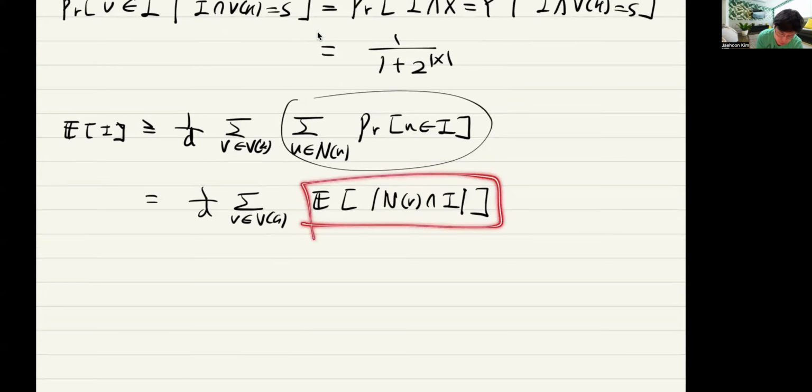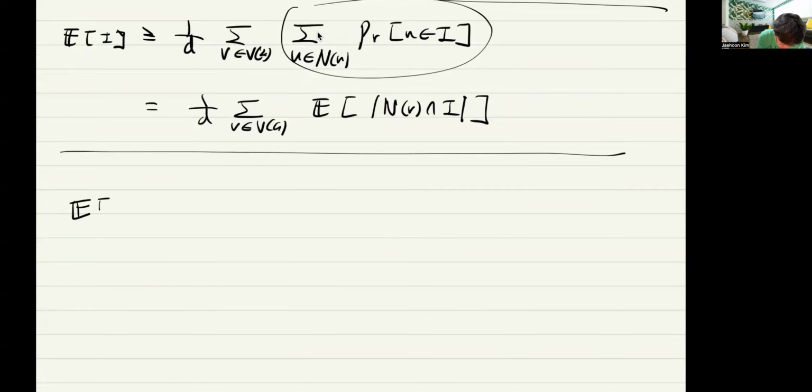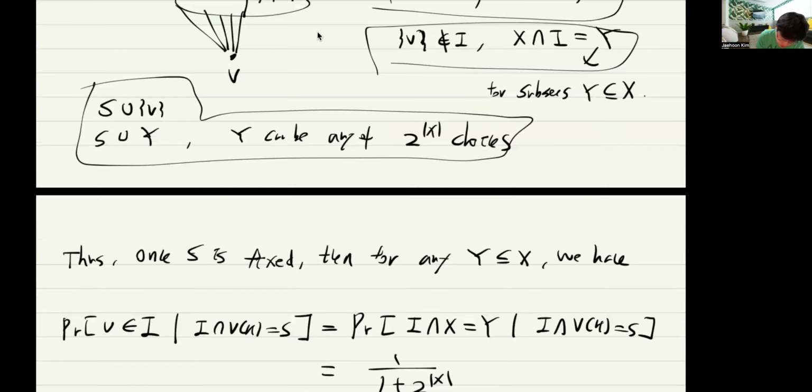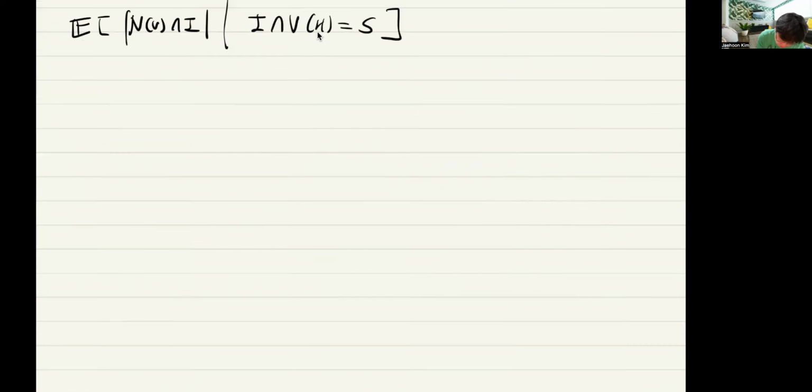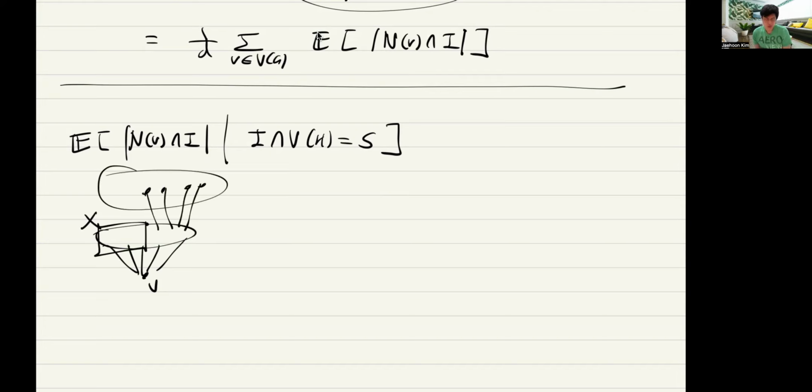But what is this? Again, assuming the independent set outside is S. So S is again chosen here. What's the expectation of the number of vertices here?